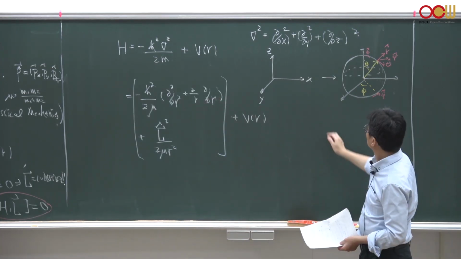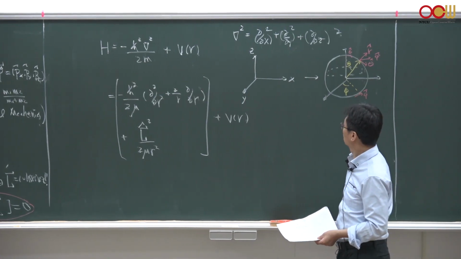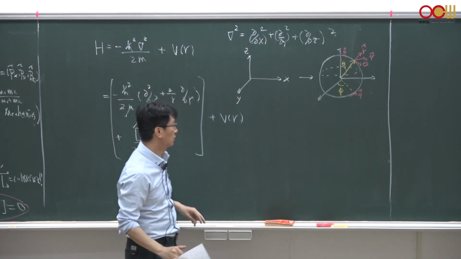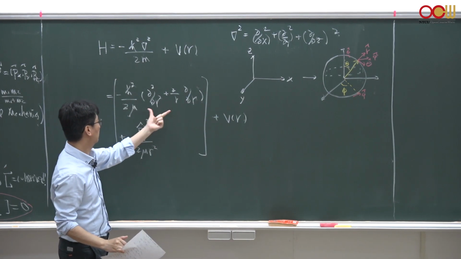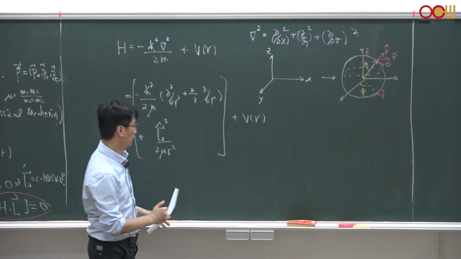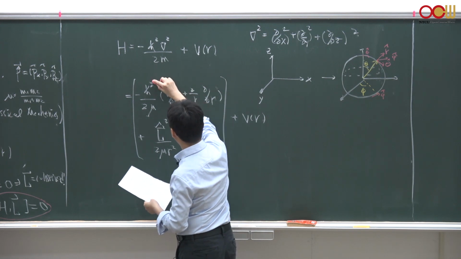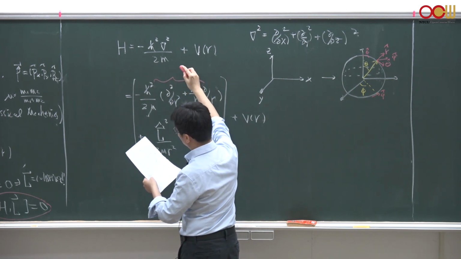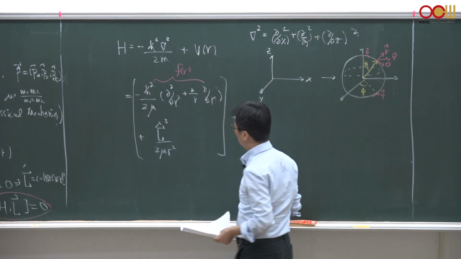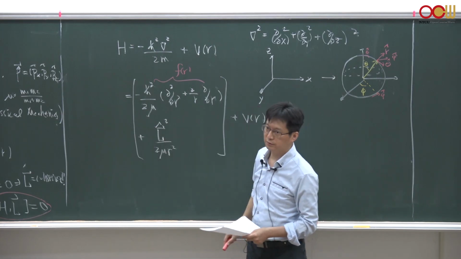You could check chapter 8 or a later chapter of the book that the gradient square in spherical coordinates is given by the summation of these 2 terms. The first term depends only on the position or distance between the 2 particles, which we call f of r. And the second term is precisely the square of the angular momentum operator.